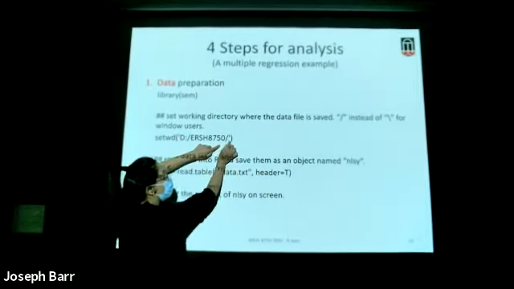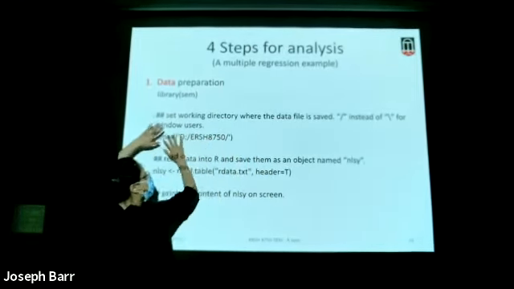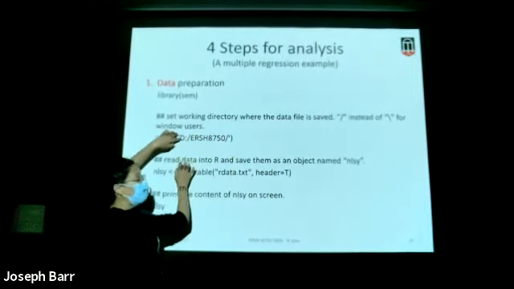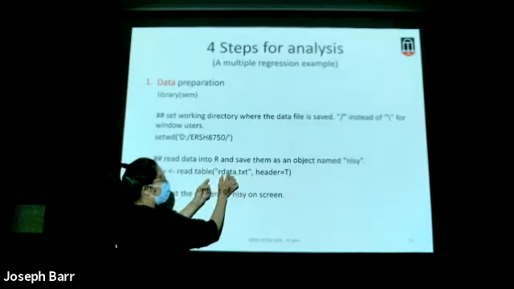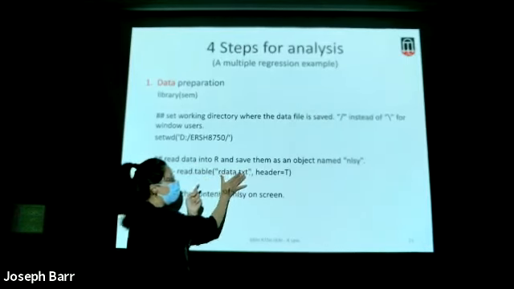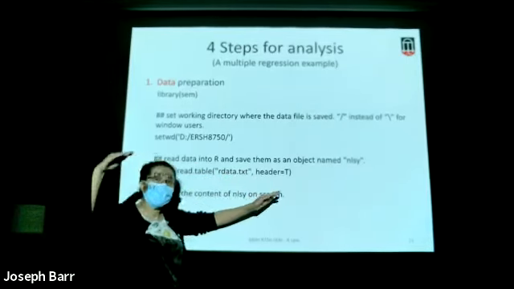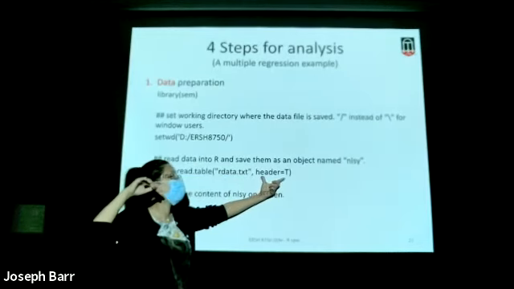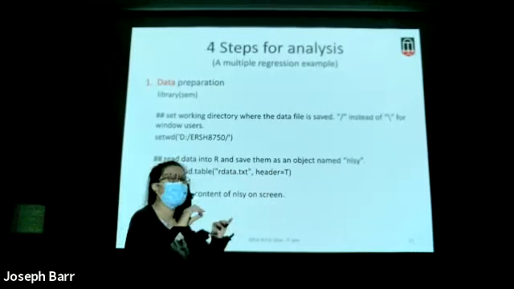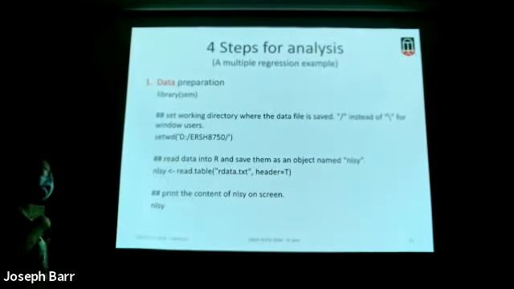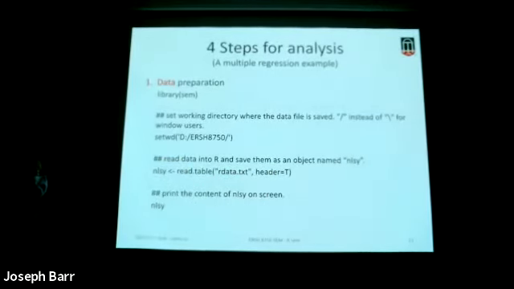The file should be located in this folder because this is my working directory folder. So the file is saved here and I directly put the data file name here. And the first row is the header. So I included the header of the table, so header equals TRUE. Otherwise, they make mistakes. They think that the first row is numbers, and that's not good.